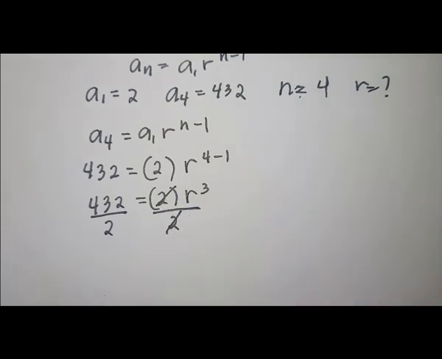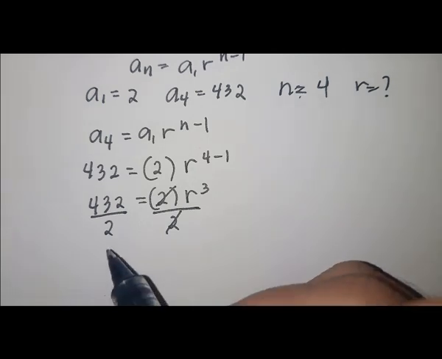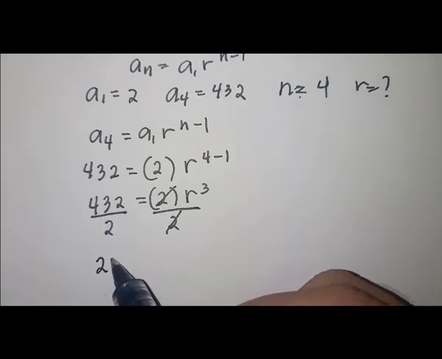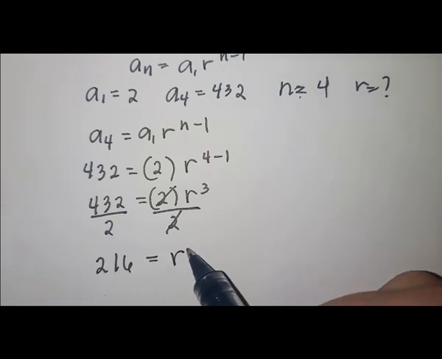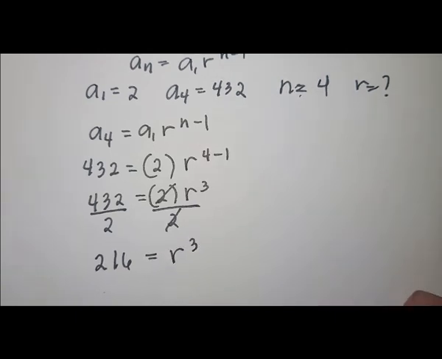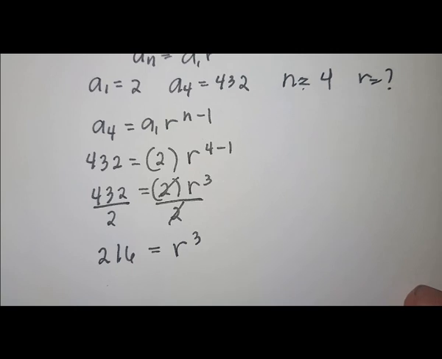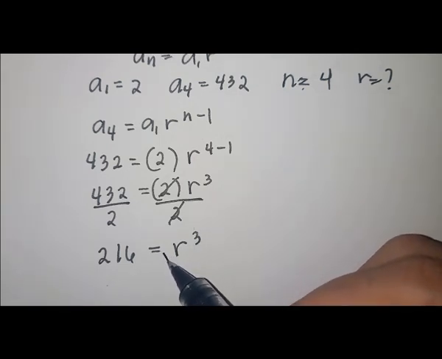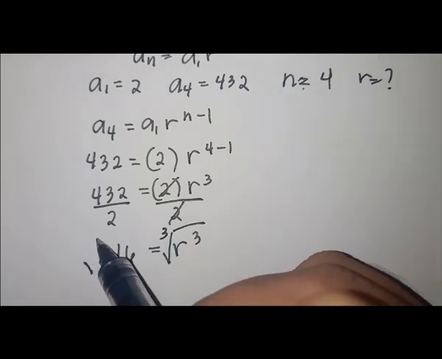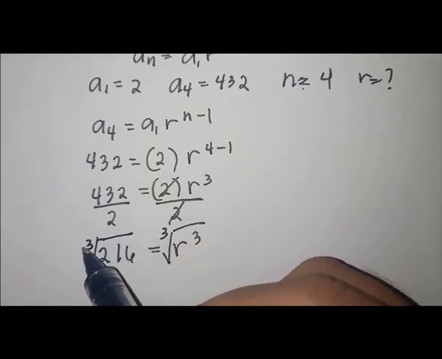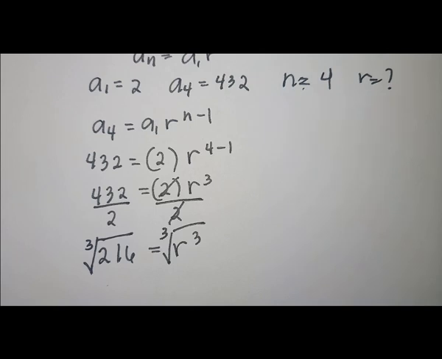And 432 divided by 2, you have 216 equals r cubed. Sabi natin kanina, kailangan lang natin yung r, yung common ratio. So, ang gagawin natin ngayon, dahil cube to, kunin natin yung cube root both sides ng given natin.